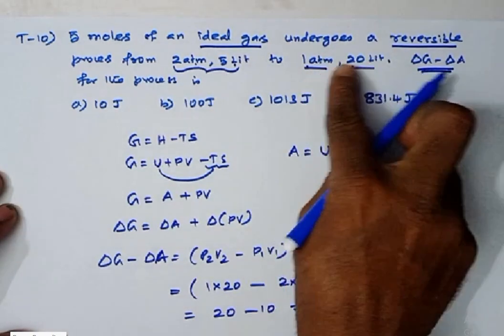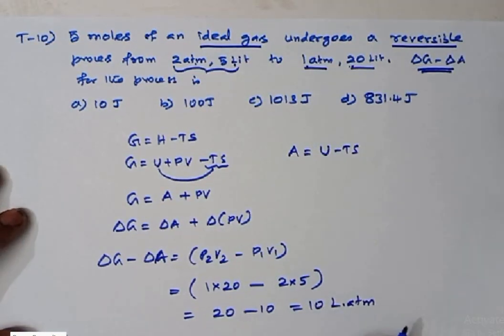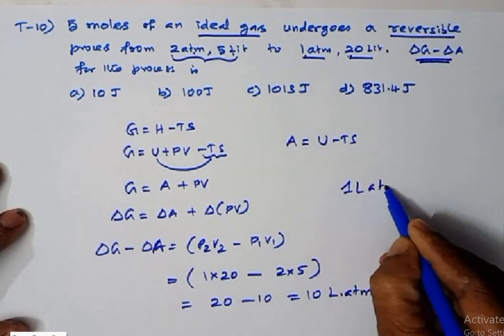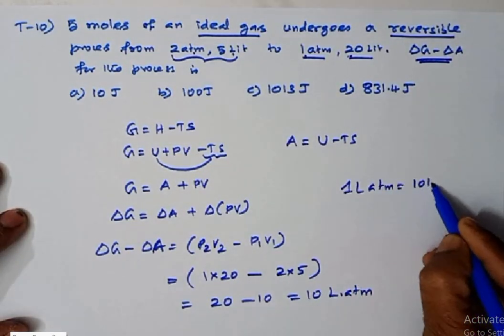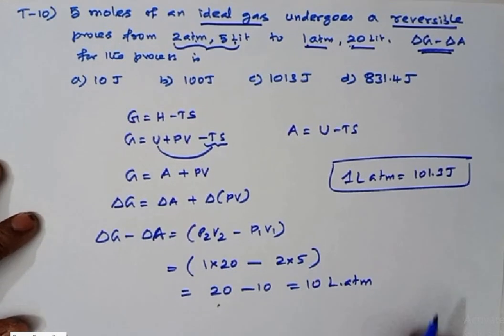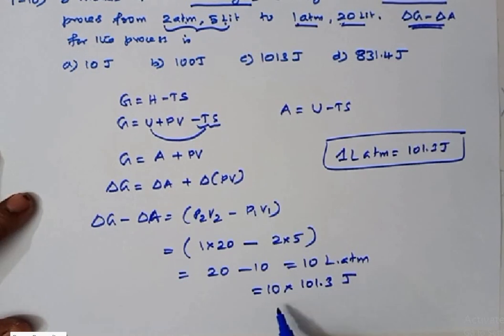The unit is liter atmosphere. And I have told you already, 1 liter atmosphere equal to 101.3 joules. So if you multiply 10 into 101.3, I will get the answer in joule, which is equal to 1013 joules. Take down.